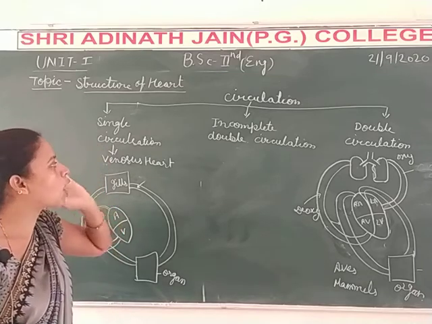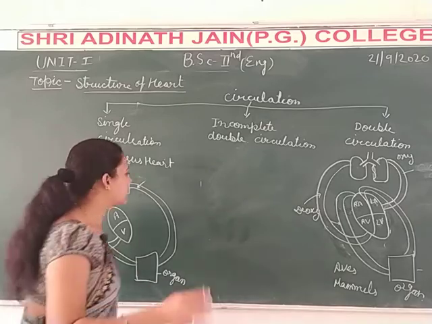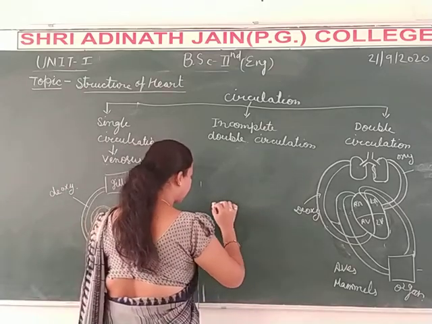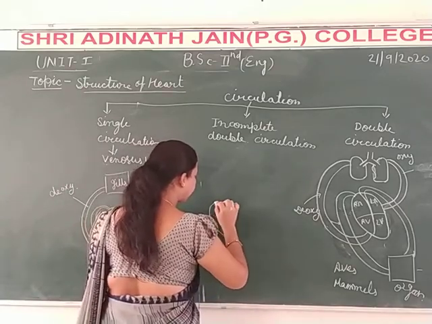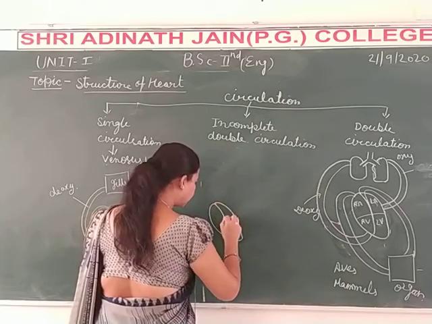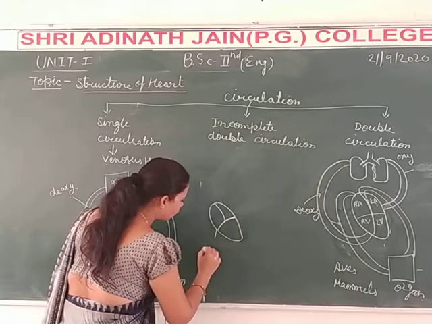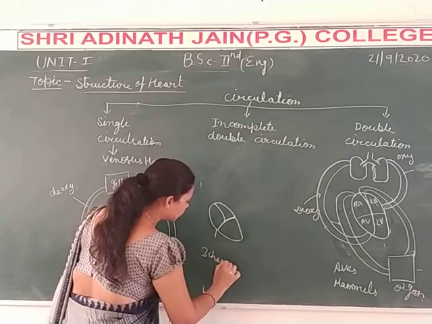Now we have to talk about the incomplete double circulation. In these animals, the heart is three-chambered.